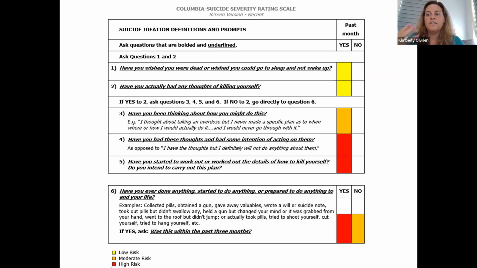If they say yes, then that would imply intent. Have you started to work out or worked out the details of how to kill yourself? Did you intend to carry out this plan? So you want to ask that question too. So you want to get at those 3 things. And the whole point of the screener is, if they're in the red, that indicates high risk, orange is moderate, and yellow is low.